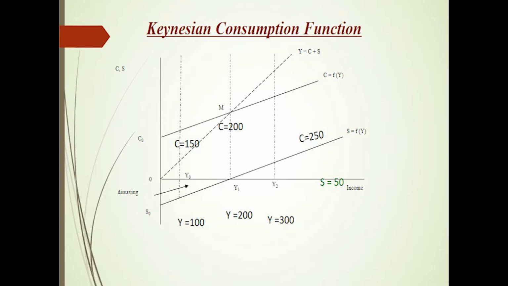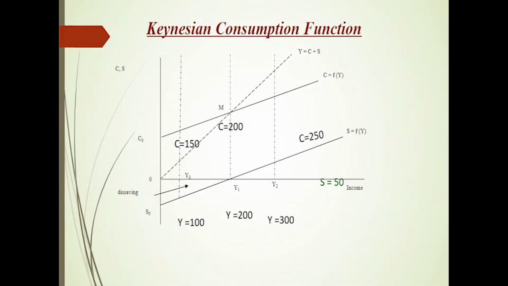When income increases from 100 to 200 rupees, at point M both are equal, income and expenditure. Consumption expenditure is around 200 rupees, and at the same time income is also 200 rupees. So, here savings are 0 according to the Keynesian consumption function.